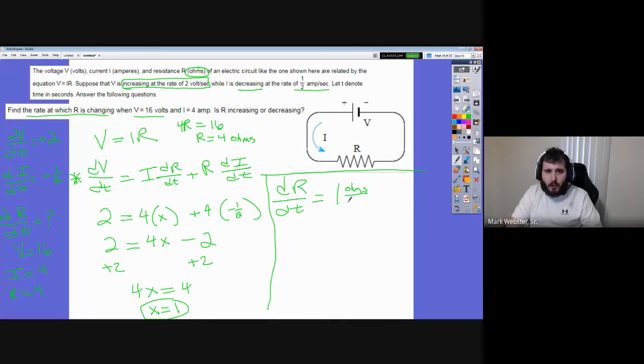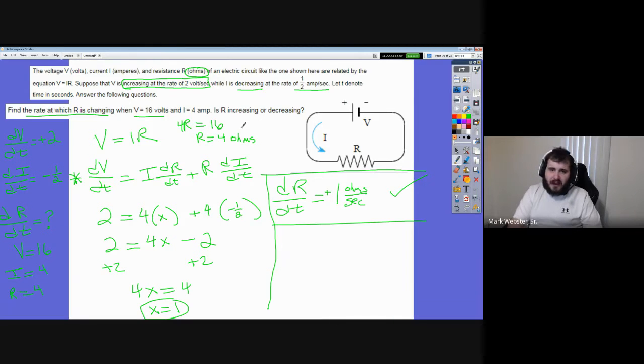In this case, we're talking about seconds. All these are in seconds, and 1 is a positive number, right? So that's question number 1. Find the rate at which r is changing. Well, we did it. Ta-da!